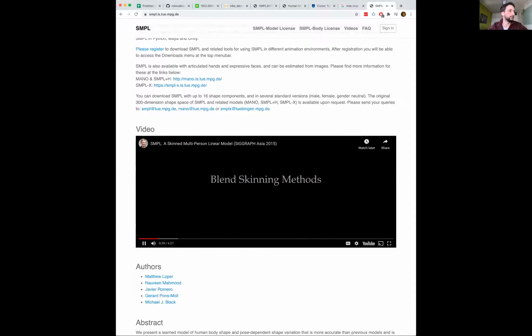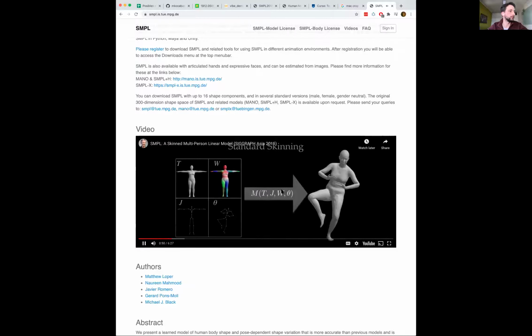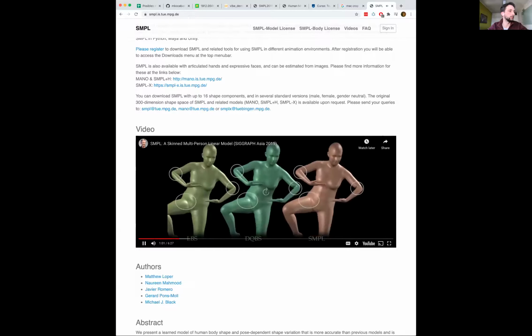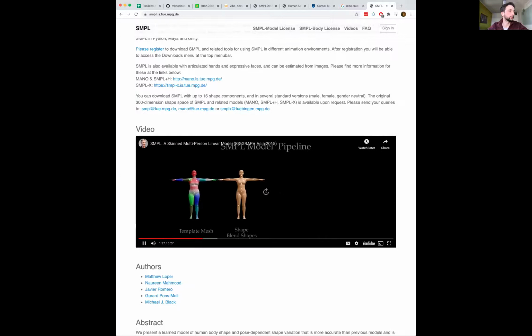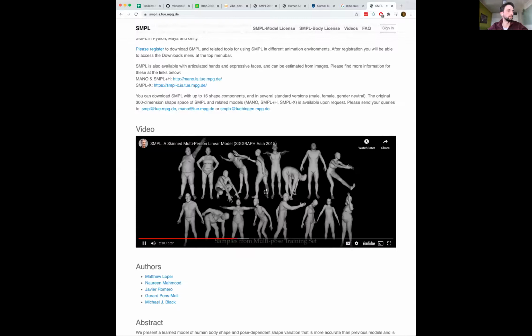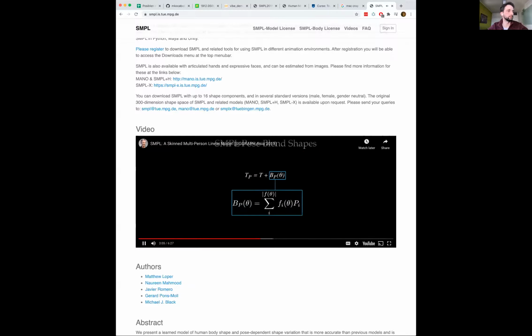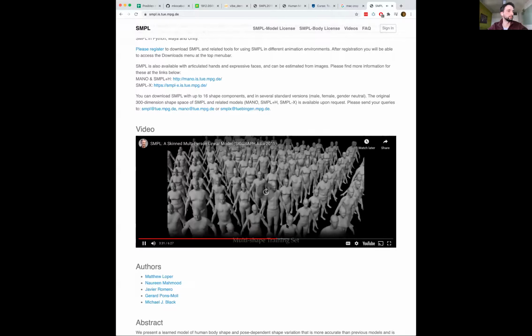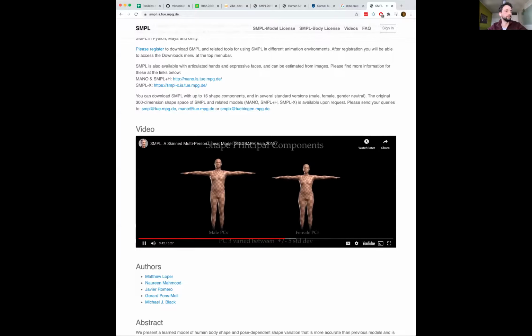And then later on, here's comparisons of different models. There you can see how it deforms the body to find different shapes.